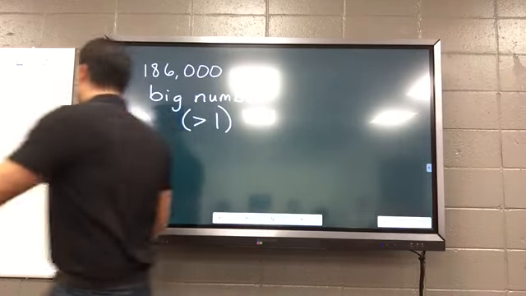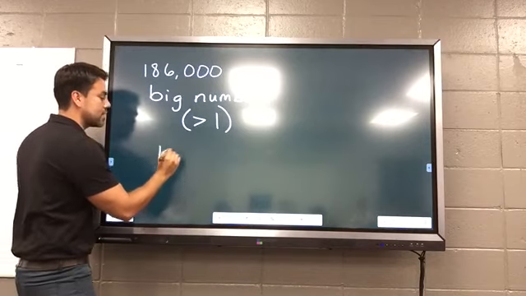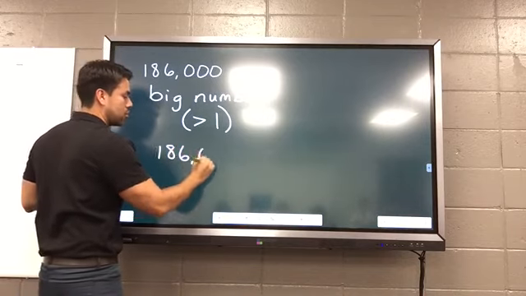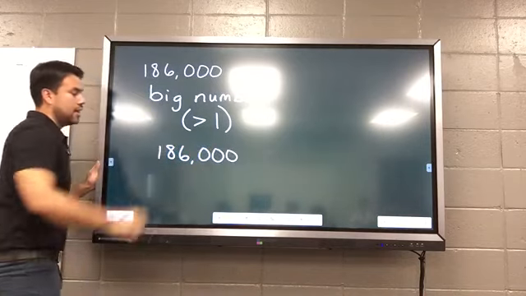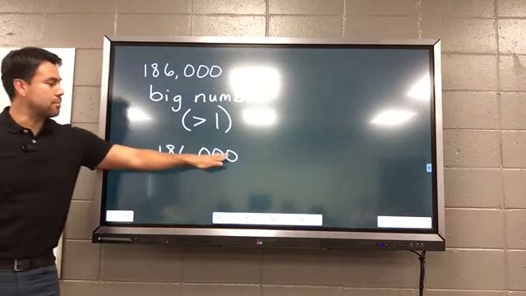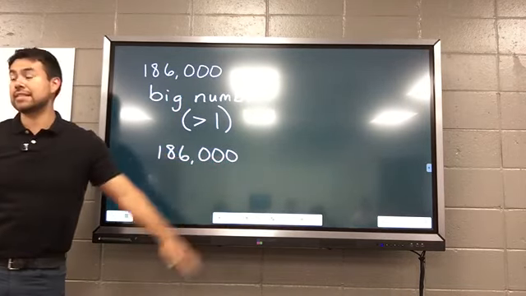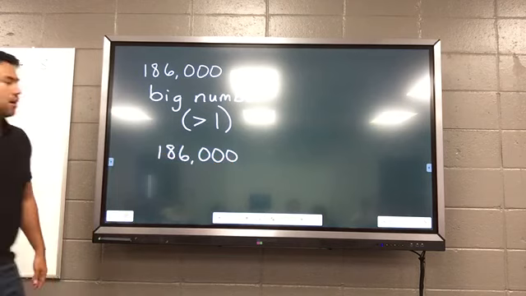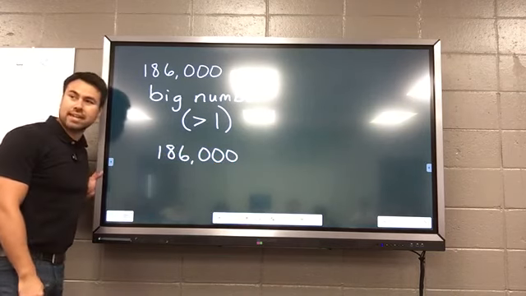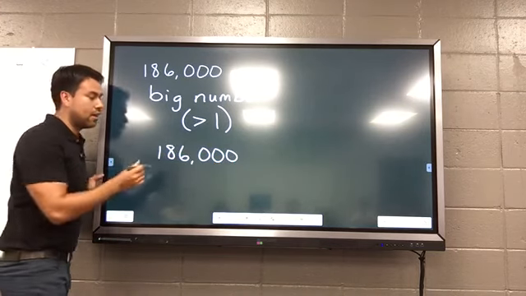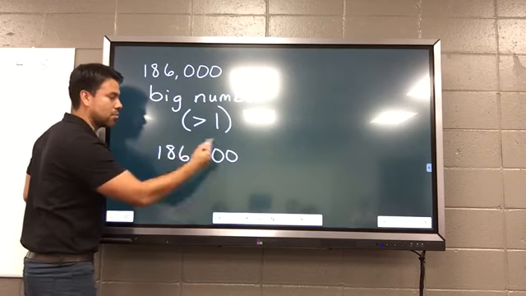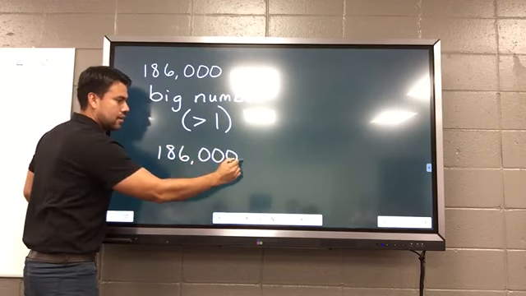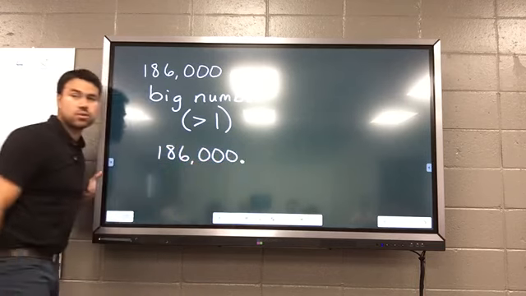Okay, so here, what I do is I'm going to rewrite this number just to show you my work, because this is the original. Is this number in between 1 and 10? No. Can I make it a number between 1 and 10? I can. First, I have to identify where's the decimal point. After all 3 zeros. Yeah, it's right here. That's where the decimal point is.